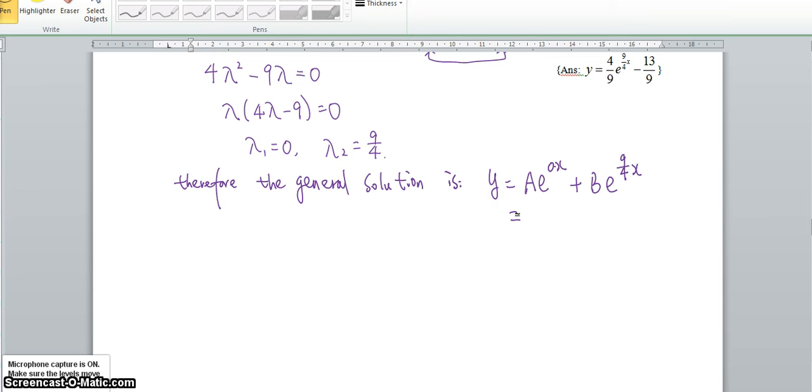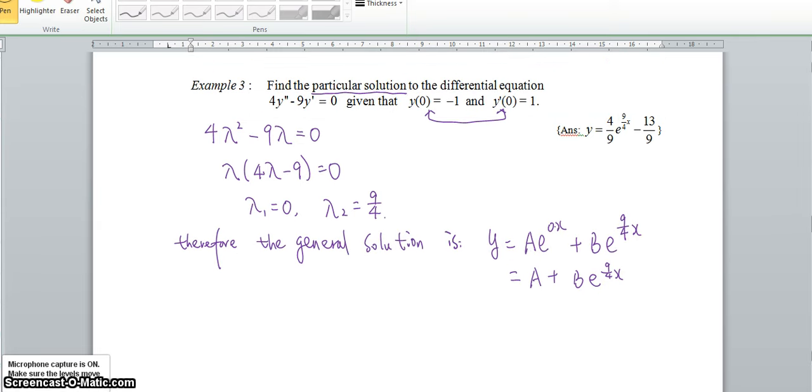And the first term, e to the power of 0 is always 1. So we have a plus b times e to the power of 9 over 4 x left. So this is the general solution for this given homogeneous second-order differential equation. And now we're going to use these two given conditions to figure out what these constants a and b are.